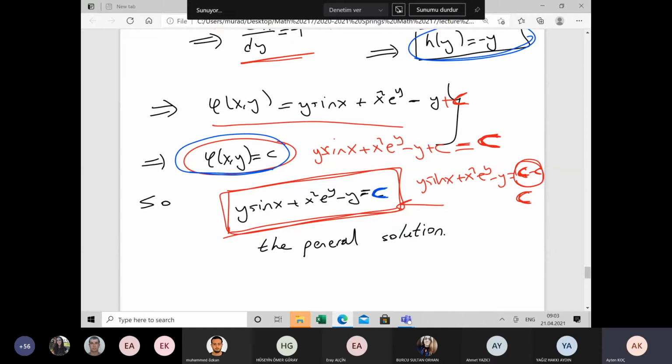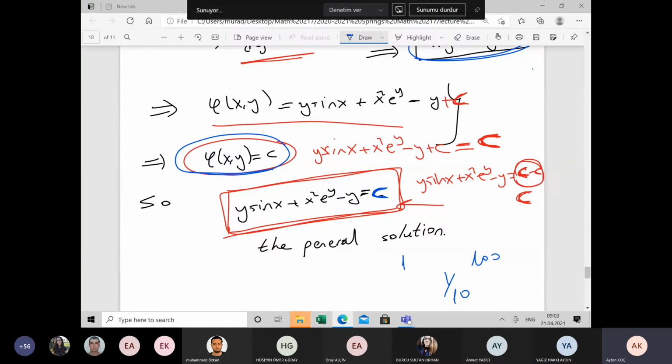C is an arbitrary constant. And this one is the general solution of our differential equation. Take C as 1, we obtain one solution. Take 100, we obtain another solution, 1 over 10, and so on. So we get infinitely many solutions, and this solution is called the general solution.